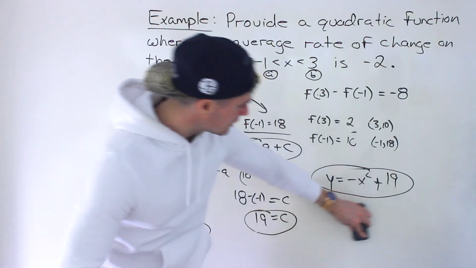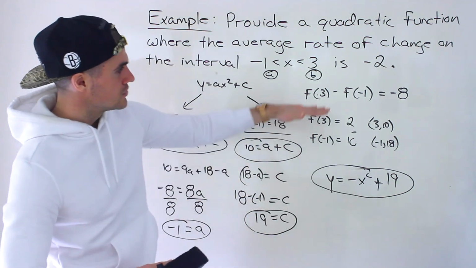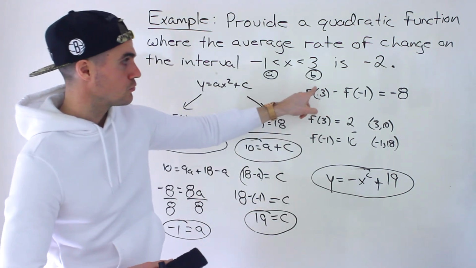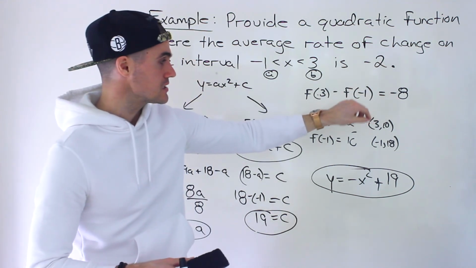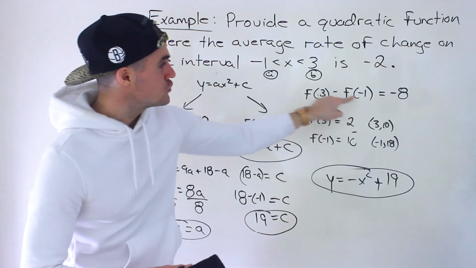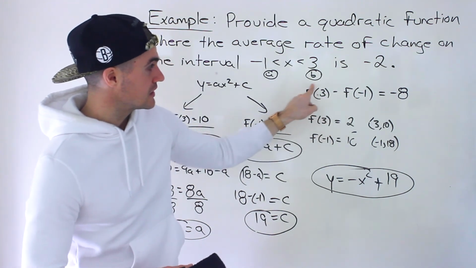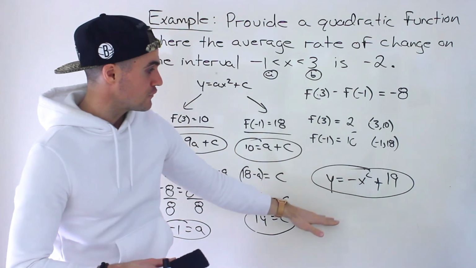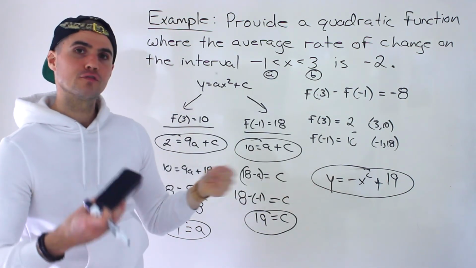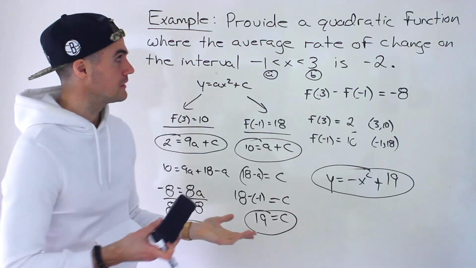But if you do get a similar question like this, just get to this point, right? That numerator of the average rate of change has to equal -8 in this particular case. And then just pick two values here that are going to satisfy that difference being -8, and then have a format for whatever function you're given, right? This could have been any function.